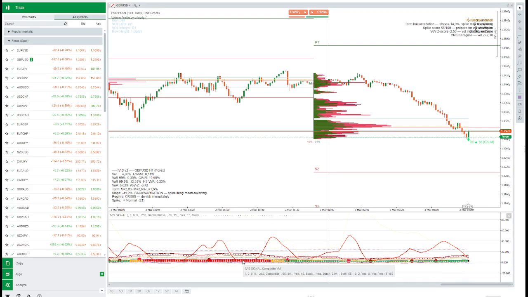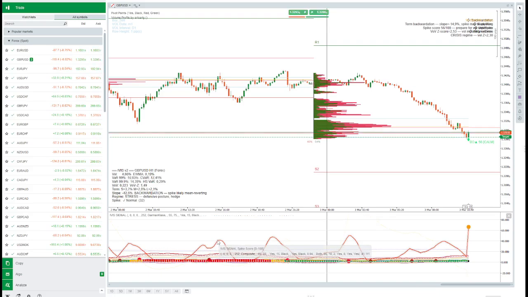Okay, these bars here, when it's red, it means that volatility is going higher. You can see how this line here, which is the IVIS signal spike line, goes up, and then you have a drawdown of the price action, and the bar here colors in red. You can choose the color.